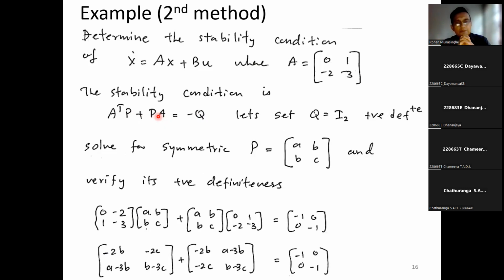Because we can set Q our own way, let's put Q equals I2, the identity matrix. And remember, the identity matrix is positive definite.